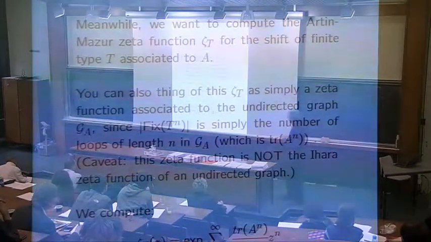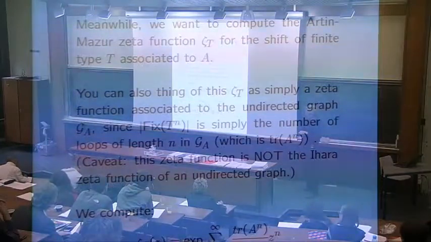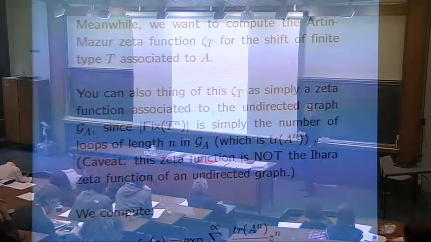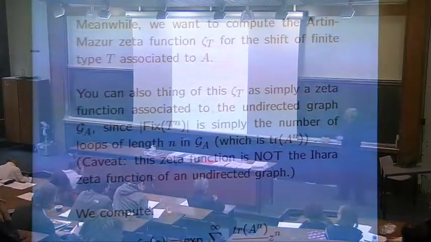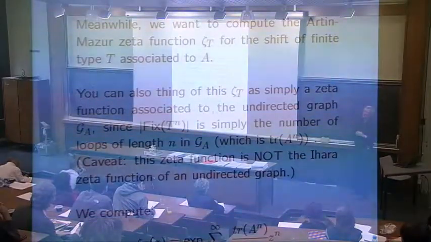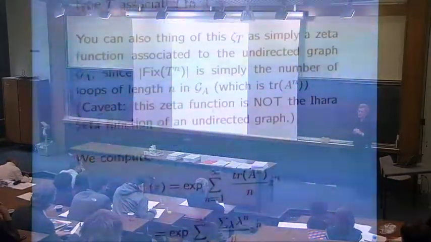And there's a famous zeta function, the Ihara zeta function of an undirected graph. This is not that. Okay, so let's compute. And now we'll start to see how the formalism of this zeta function works out very well.